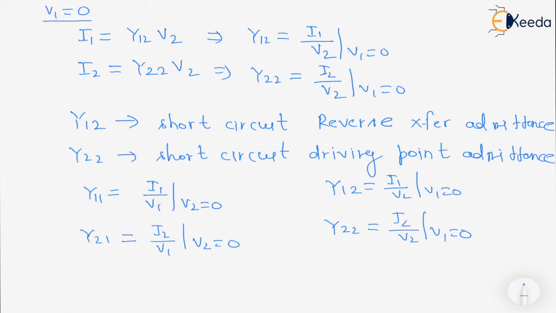Now we are going to draw the equivalent circuit. We know the formulas: I1 is y11 V1 plus y12 V2.